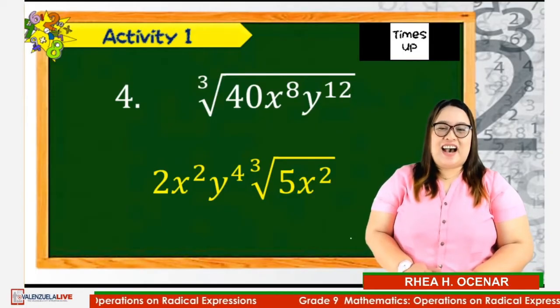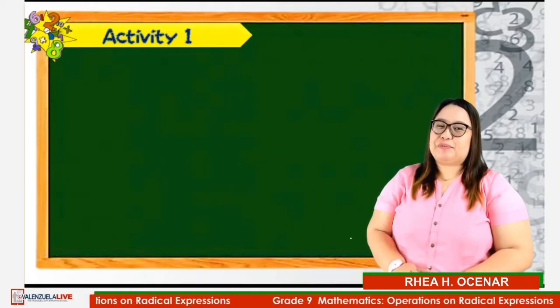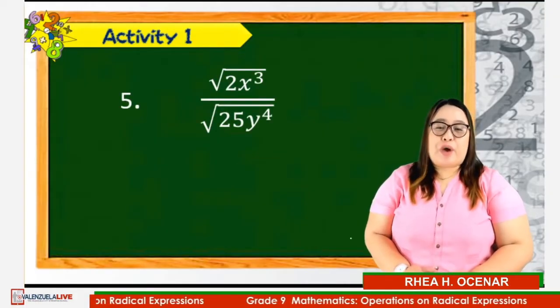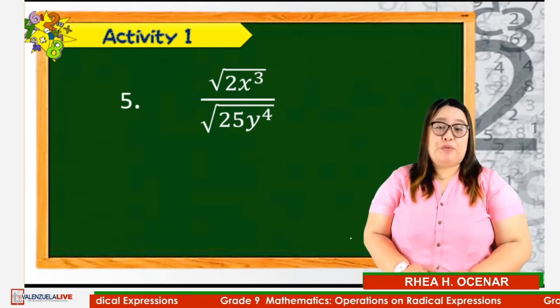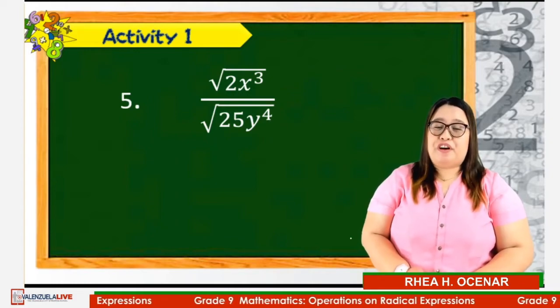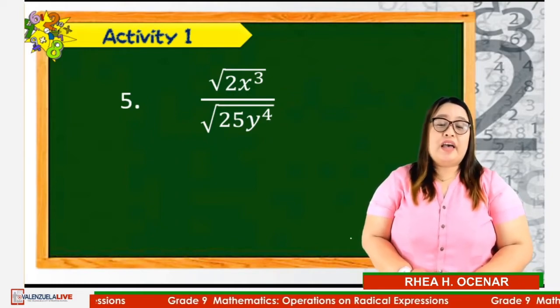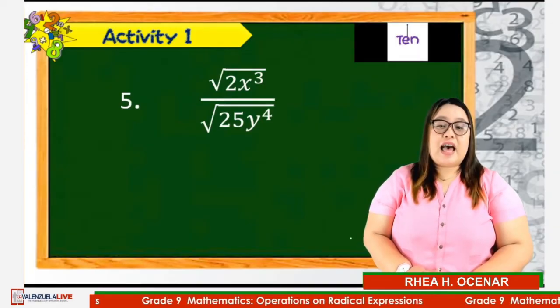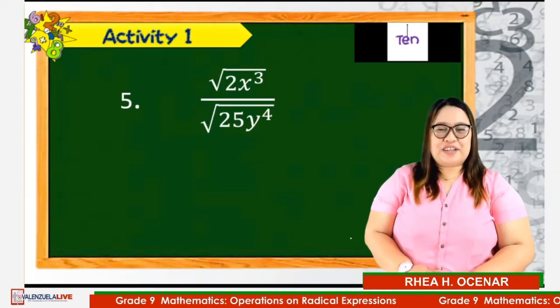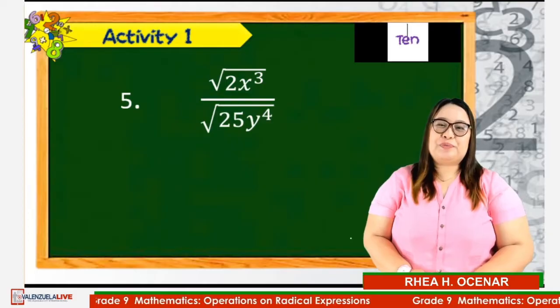For the last item, number 5. Square root of 2x cubed over square root of 25y raised to 4. 10 seconds to answer. Go!